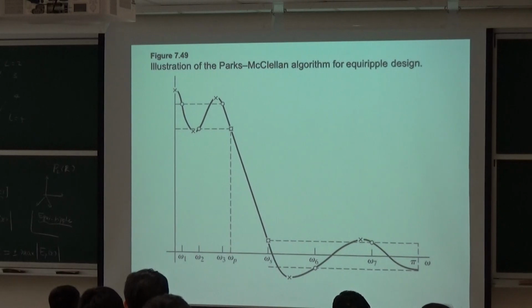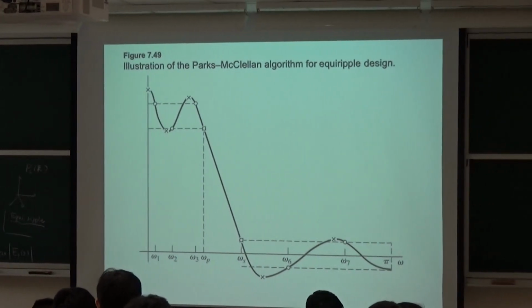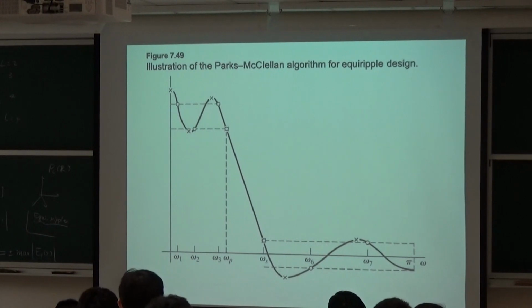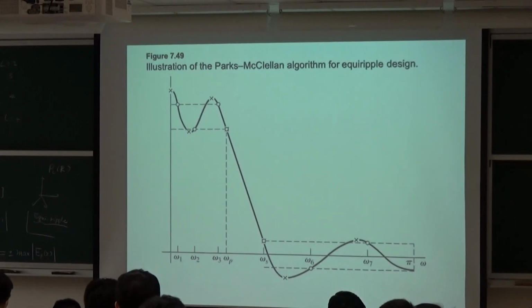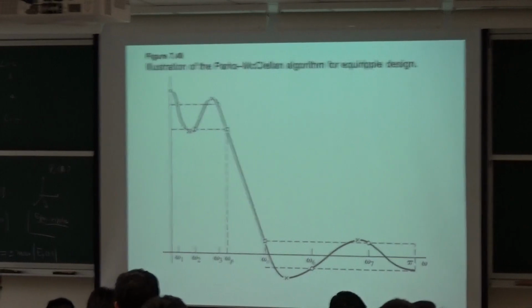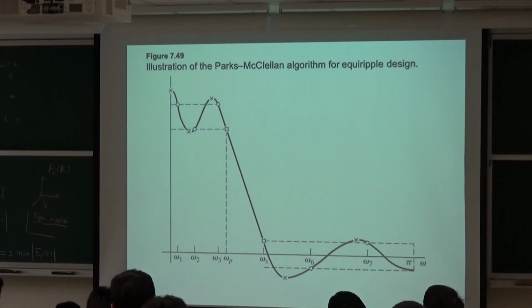Okay, so next, let's go through how exactly to find the optimal polynomial, the optimal frequency response. The idea starts with, there's a flow chart in the next slide, but let me just verbally explain for now. The idea starts with trying to randomly guess where the alternation frequencies are.